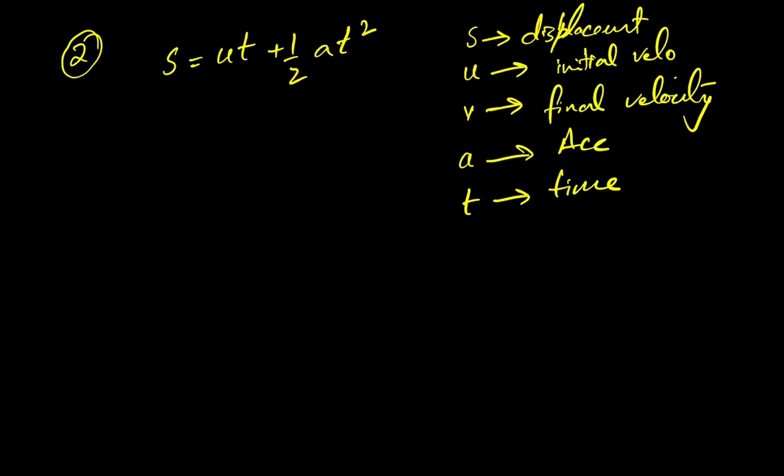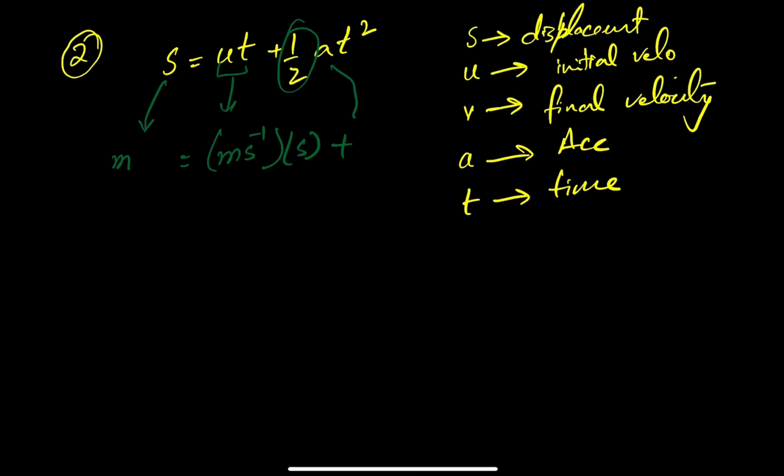So let's begin. S is the displacement, so it is meters, and as we have discussed, this whole thing is a single term, right? So for u it is meter per second, and for t it is second, and this will not have any units because it's simply a number. For a it is meter per second square, and there is a t square, so it is second square.